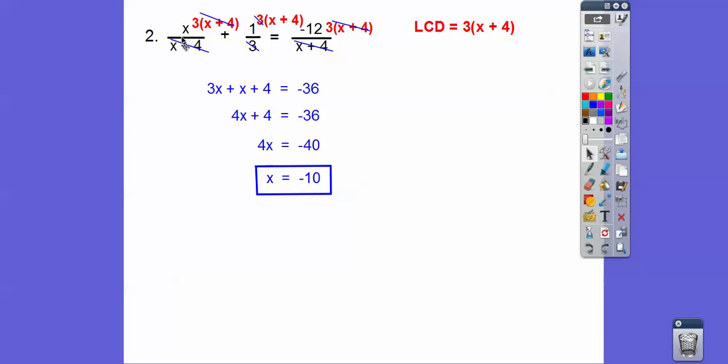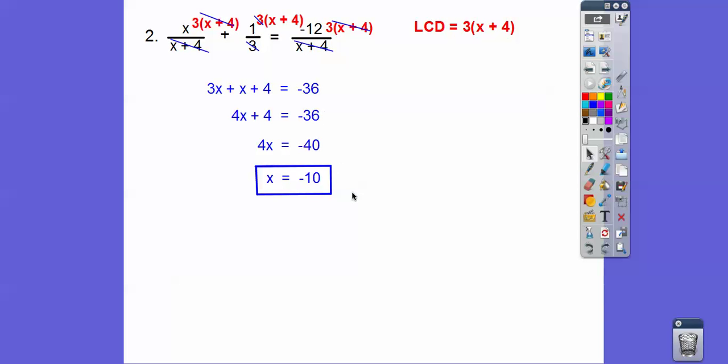And then we get 10 over 6, which reduces to 5/3 right there. Okay, and then we'd add 1/3 right here. That would give us 6/3 right here. And then we plug in -10 here. -10 plus 4 again is -6. So 5/3 plus 1/3 is 6/3 here, which is 2. Here we get -12 over -6, which is still 2.